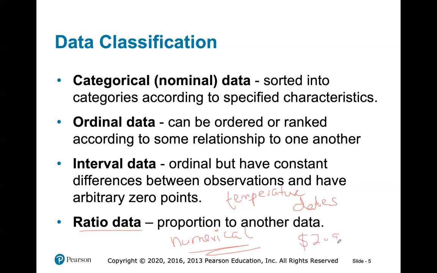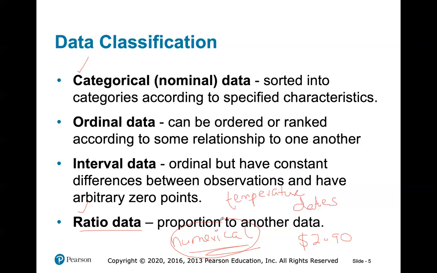In a way that is a ratio, but generally numerical data tends to be ratio data. So these are the kinds of data we have. Going forward, we're going to be looking at categorical data and ratio data, which is just numerical data. So either your data is in numbers or it is specified according to certain categories.